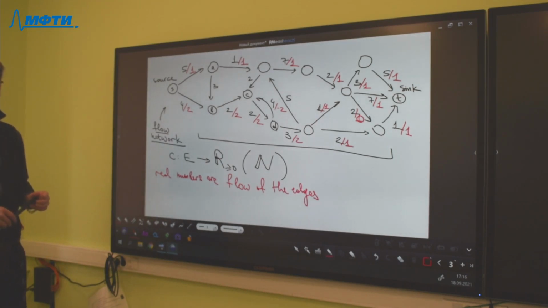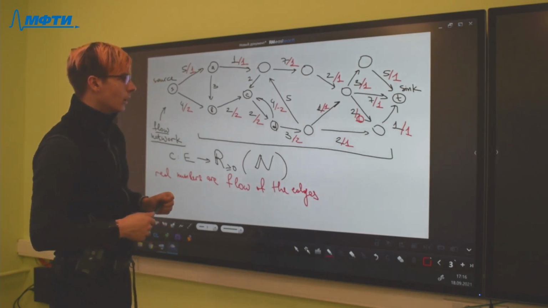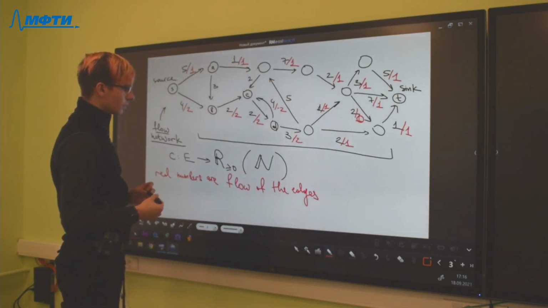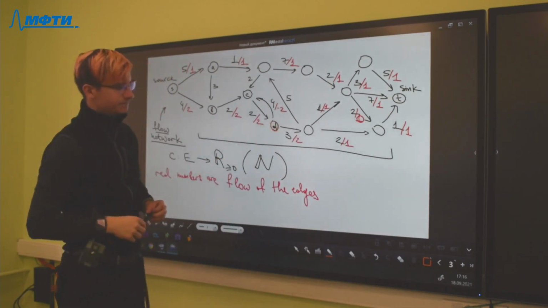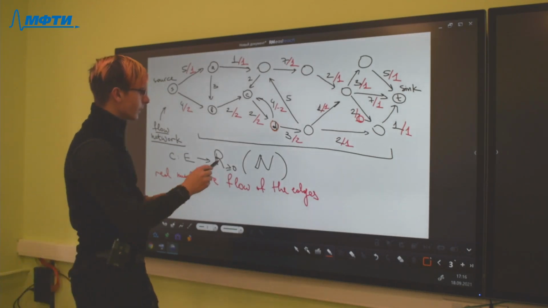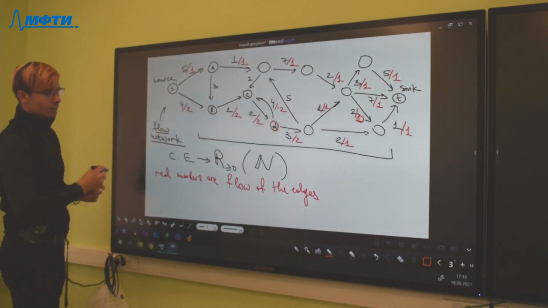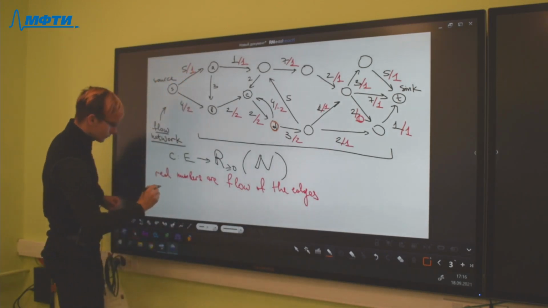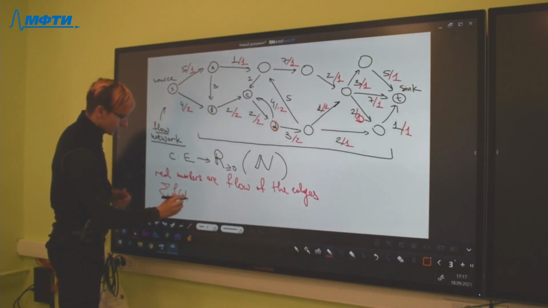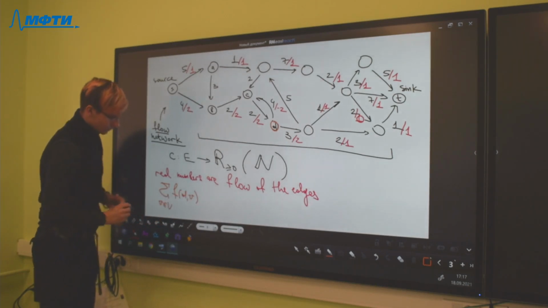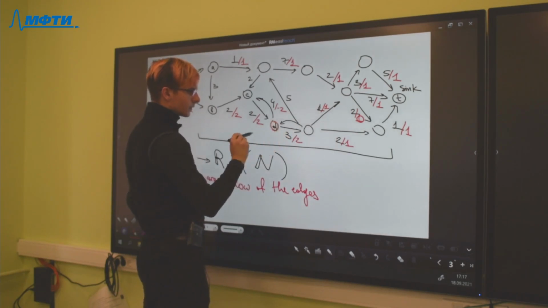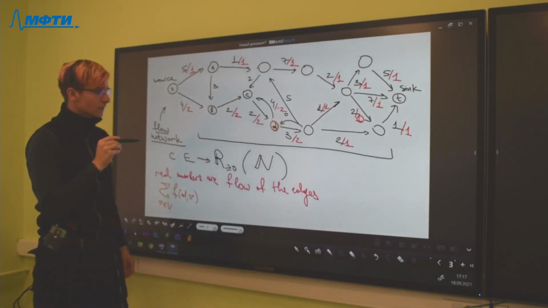Or, for example, conservation. For example, for D, we say that the sum of flows that start in D and end in V. For example, here we can say that this edge has capacity equal to 0, and so flow equal to -2.